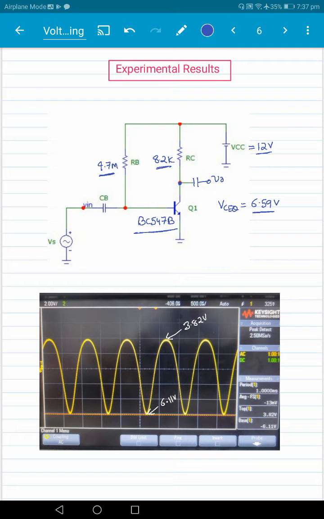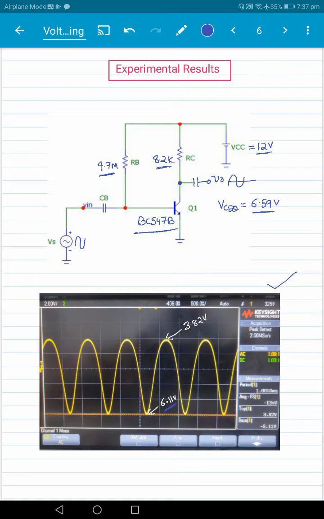When we put a sinusoid in, we get a sinusoid at the output after the capacitor, so we're only seeing the sinusoidal part. This is what is shown on the oscilloscope. What you see is that when you try to go to a maximum output voltage swing, the output is very distorted. Look at the value here: 3.82 volt is the positive swing, and the negative swing is 6.11. So a lot of distortion, a lot of difference between the positive swing and the negative swing.